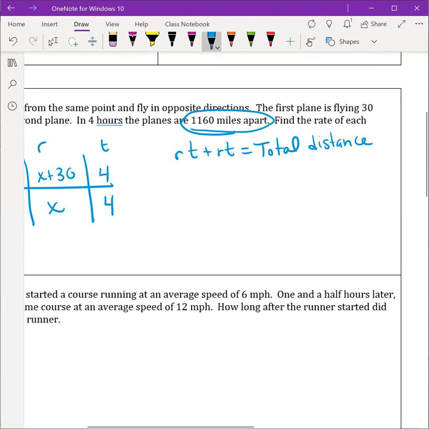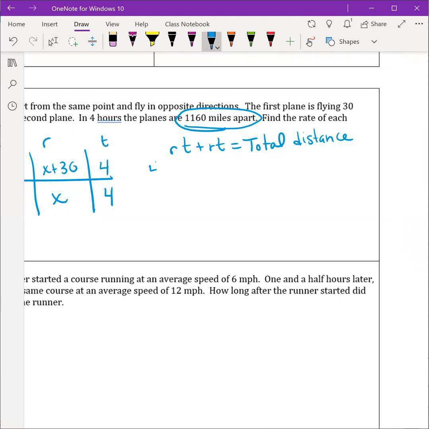So now we're going to take these facts, multiply them together. So 4 times x plus 30 plus 4 times x equals 1,160 miles. 4x plus 120 plus 4x equals 1,160 miles apart.